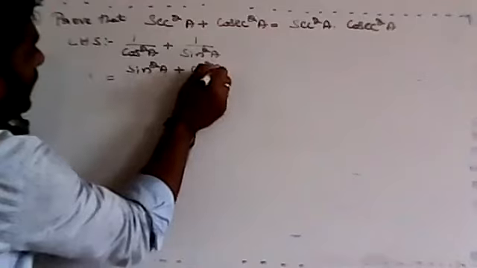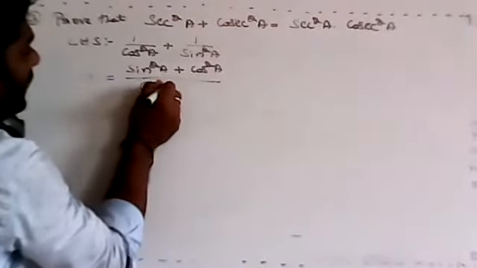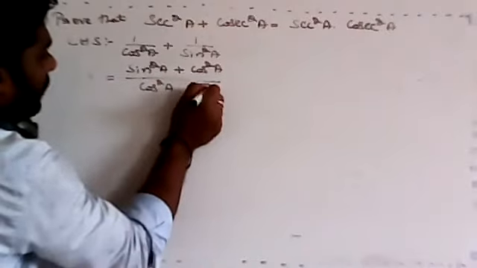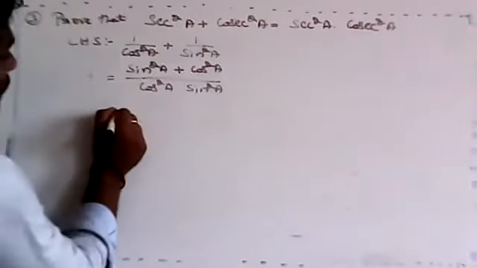We'll get, sine square we have to multiply here: sine square of A plus cos square of A divided by cos square of A into sine square of A. So as we know the identity formula, sine square theta plus cos square theta is 1, no? Correct? So remaining is 1.